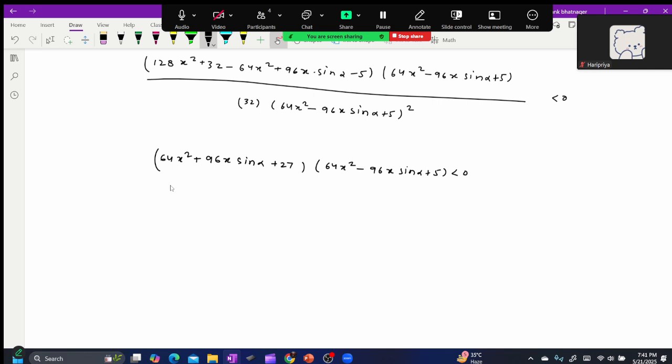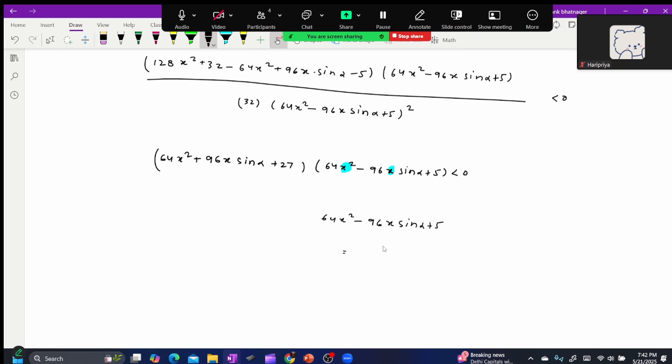Now what you will do, if we see about this, its roots, let's look at the roots of this: 64x square minus 96x sin alpha plus 5.